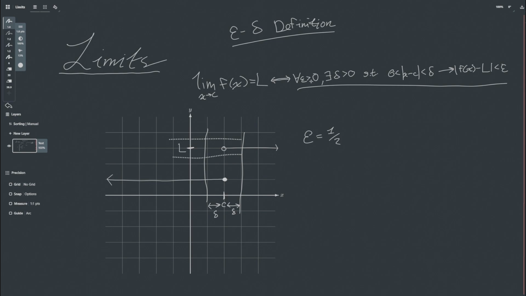So we choose one epsilon that's greater than 0, and now we have to look if there exists some distance around c that implies all values of the function lie in this range around L. So if we look here, let's say delta right here is equal to 1.